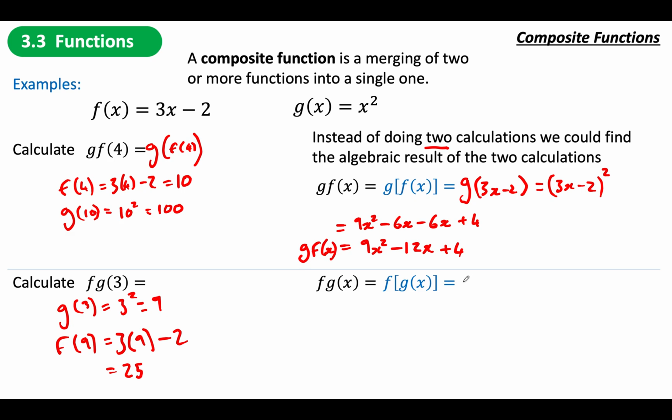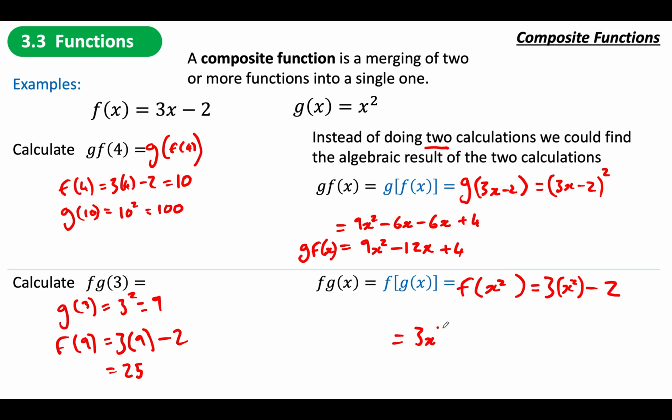So f of g of x: g of x is x squared, so it'll be f of x squared. Now f is 3 lots of x, and we're putting our function, x squared, into there. 3 lots of what's in the bracket, take away 2, which is quite easy, really, isn't it?